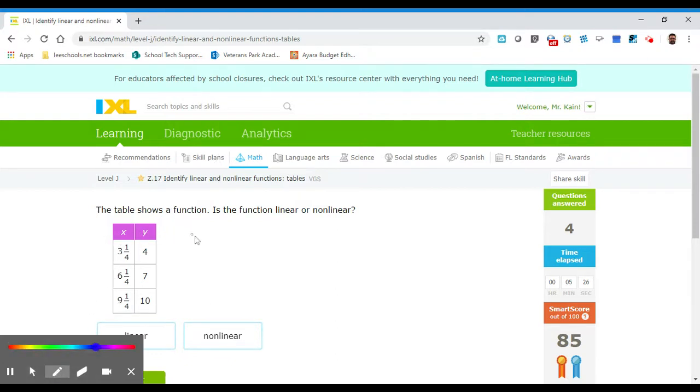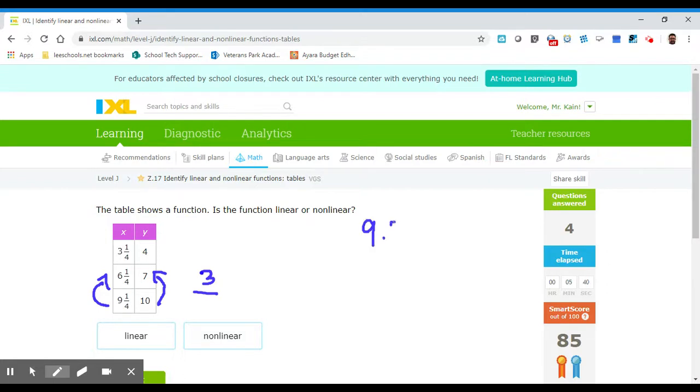And then you could figure it out right away that it's not the same. So 10 minus 7 is 3, and 9 and a fourth minus 6 and a fourth, think of it as 9.25 minus 6.25. These 0.25s are going to cancel to 0, and you're going to be left with 3.